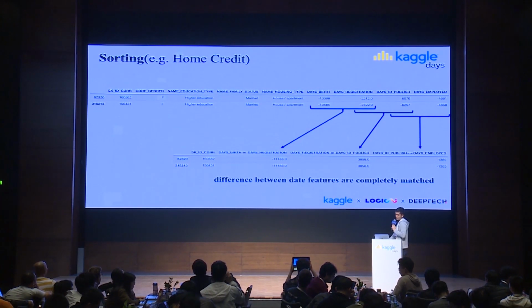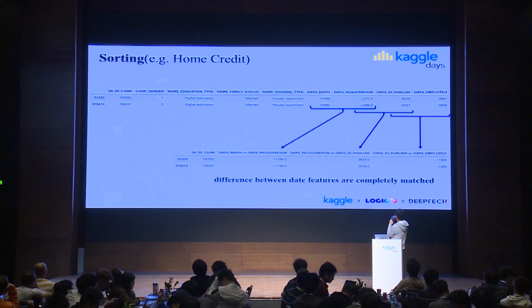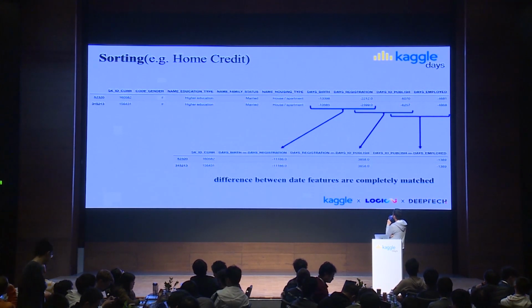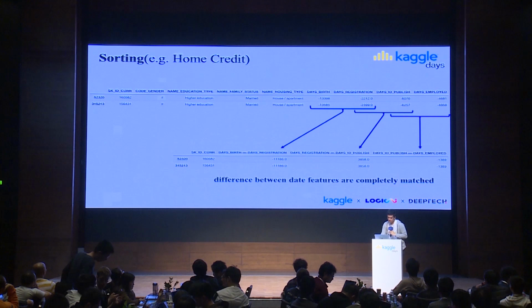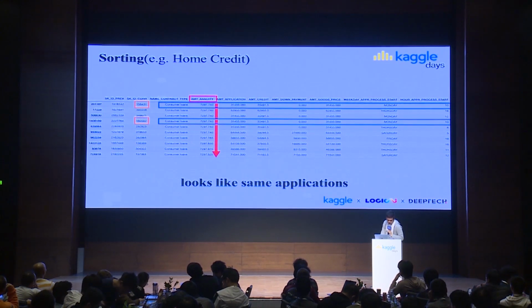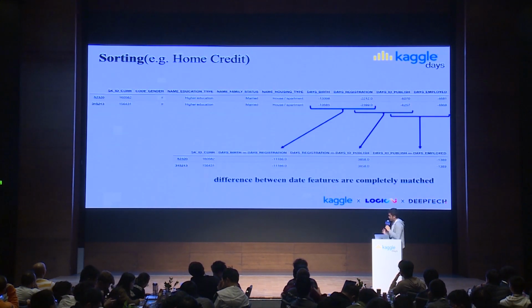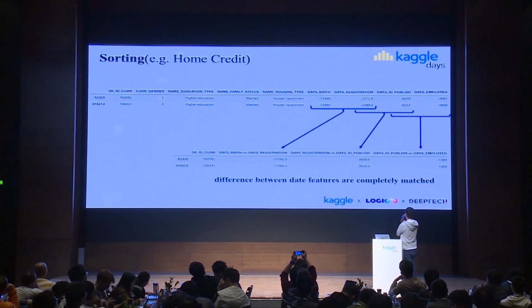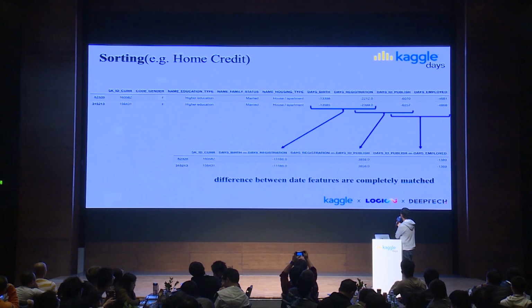So I did these things. First, I subset these two users and then calculated the difference between date features.